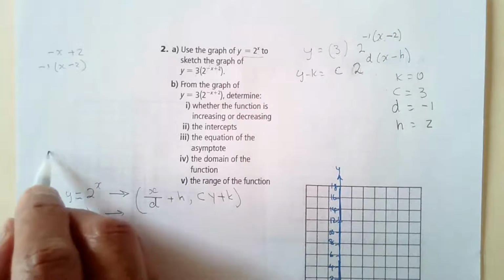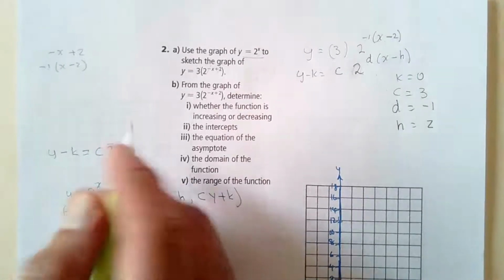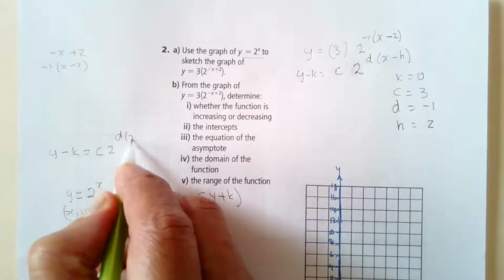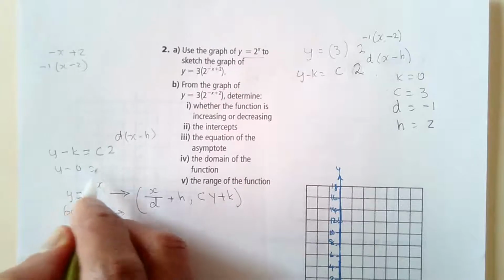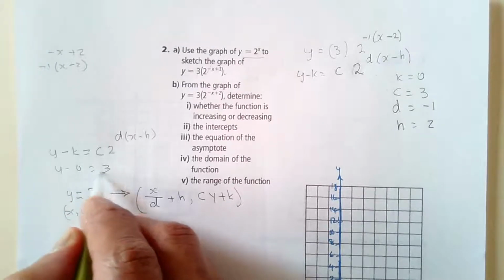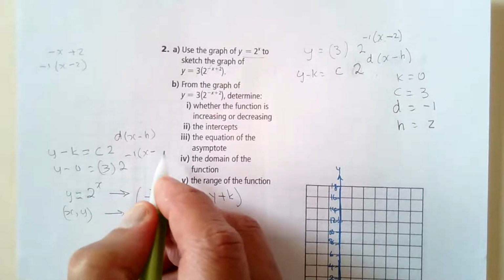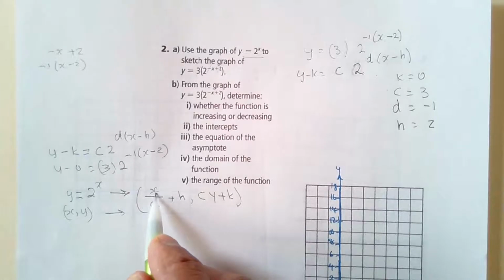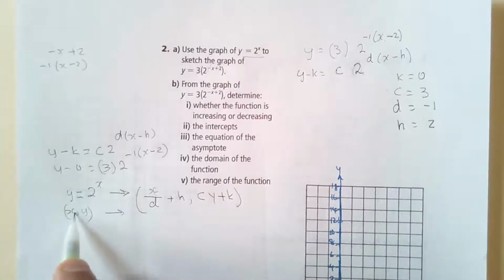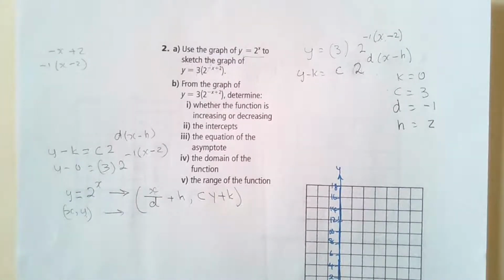So I'm going to rewrite that. Y minus k equals c times f of x minus h. And our equation is y minus 0 is equal to 3 times 2 to the power of -1 times x minus 2. Now I know my x from here and my y from here, and then I just substitute my values for d and k.